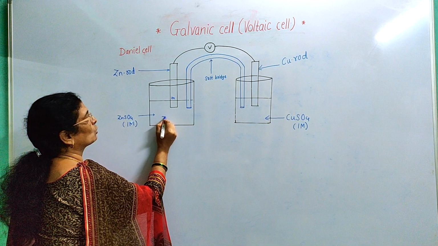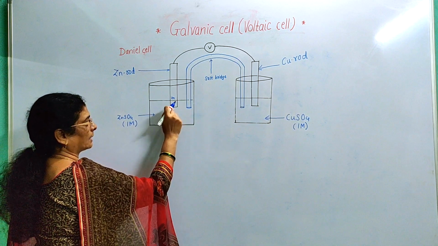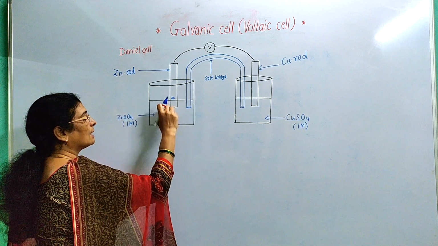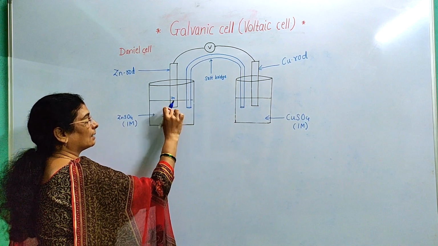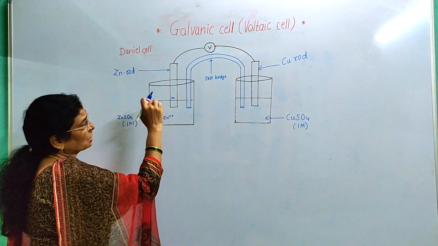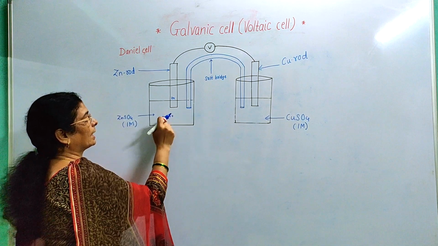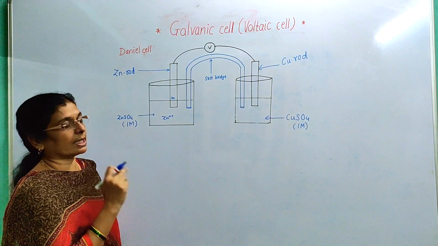Zn++ ions from the solution can also take the electrons from the Zn rod. But here Zn++ ions and Zn atoms are in direct contact with each other, and Zn atoms have the tendency to lose electrons and get converted into Zn++ ions.